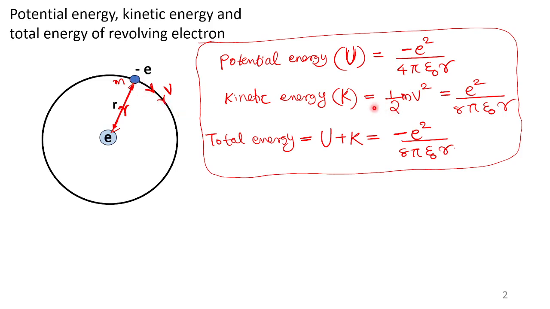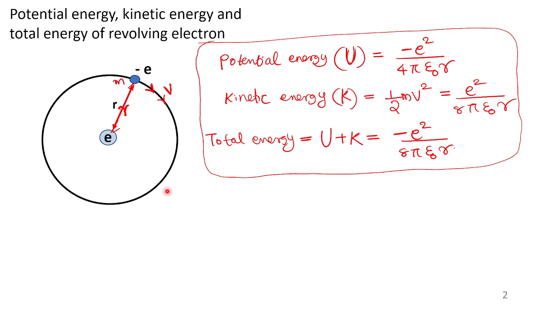The kinetic energy has two formulas. One is half mv square. Another formula is E square by 8 pi epsilon 0 r. You need to memorize this formula. Remember that this formula can be used only if the radius is given in the question. Clear? The moving electron has two types of energy, potential energy and kinetic energy.